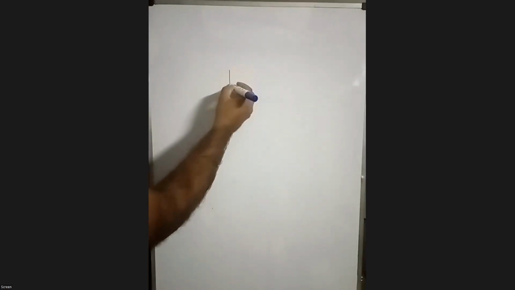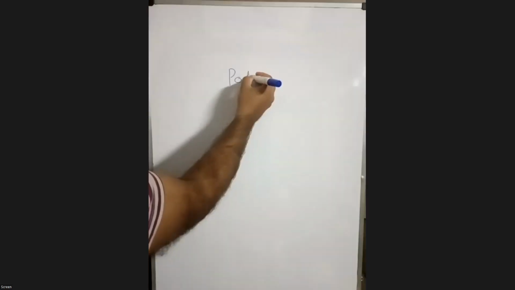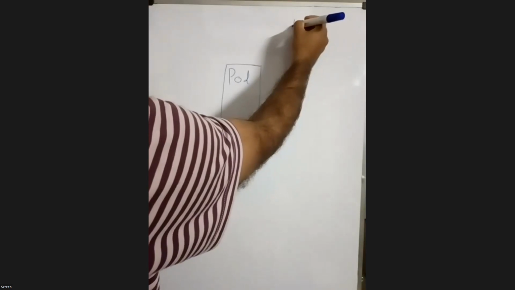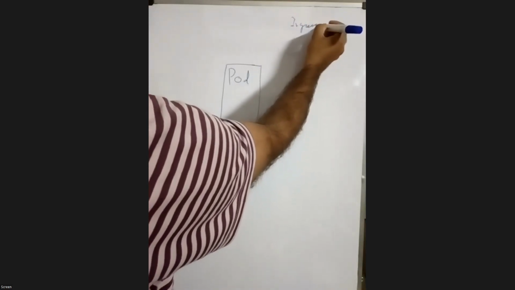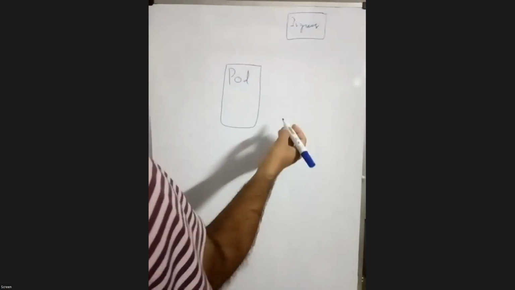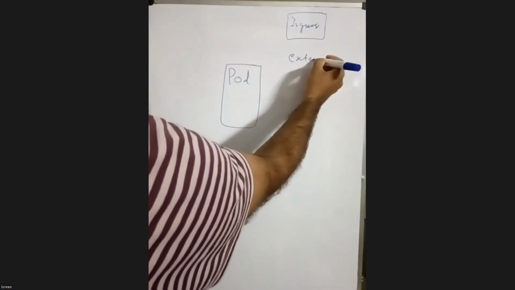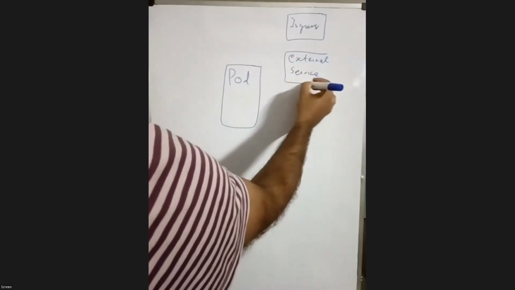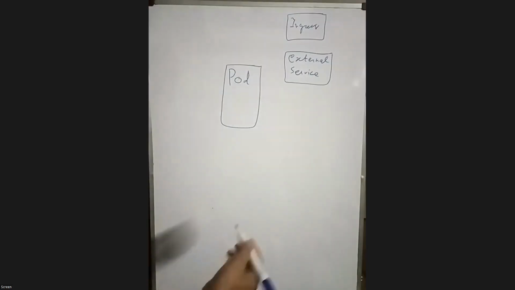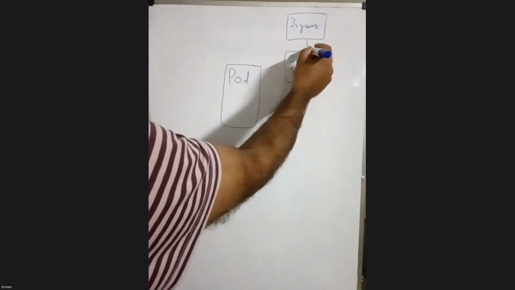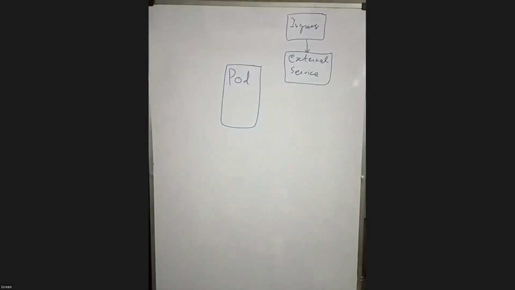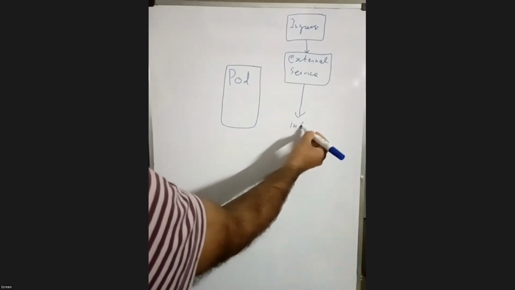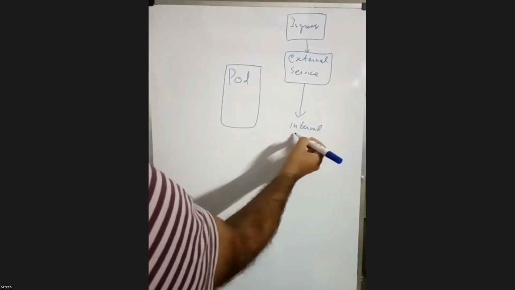So first, let's say you have a pod. You have ingress. You have an external service. So traffic comes to ingress. Ingress will send it to the external service, which will send it to the internal service.